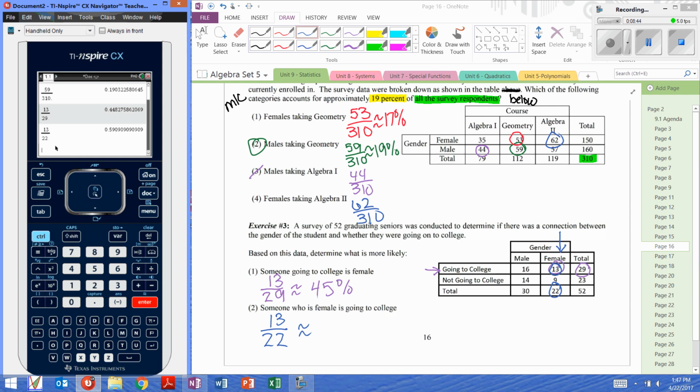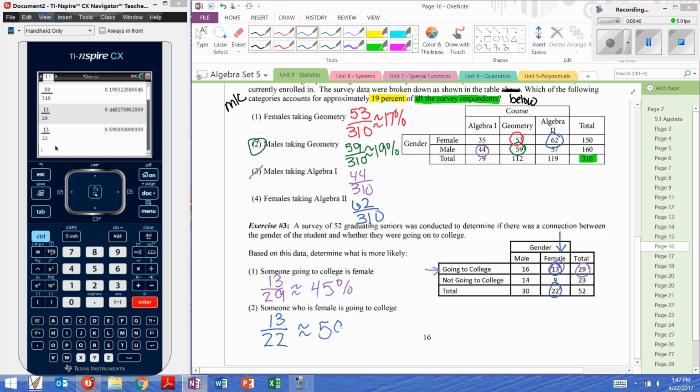So this is actually 59%. So clearly, someone who is female that's going to college is more likely. More likely. Oh my goodness, I'm trying to highlight more likely. There we go.